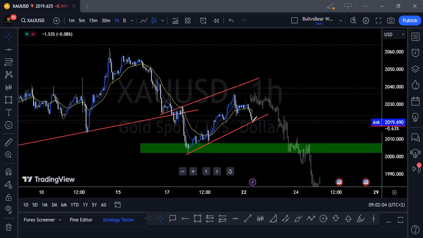So you can wait for either breakout or retest, but what I can say all the time when you are on an impulsive phase, even the moving average, the blue one is below the yellow one, meaning that you are on an impulsive phase, meaning when London starts to open, then gold will start to shoot.